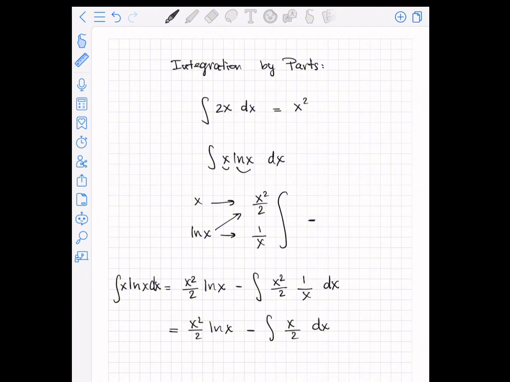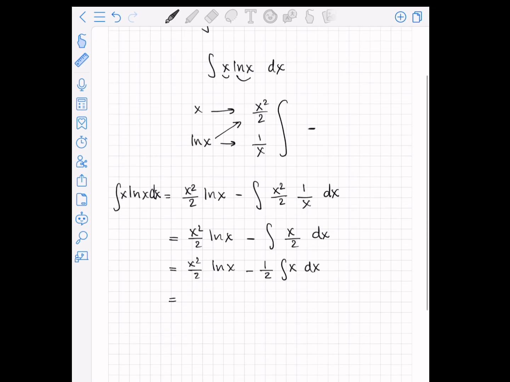With integrals, we could always take the constant out of the integral. And then we know the antiderivative of x is x squared over 2. So this is going to give us 1 over 2 times x squared over 2.